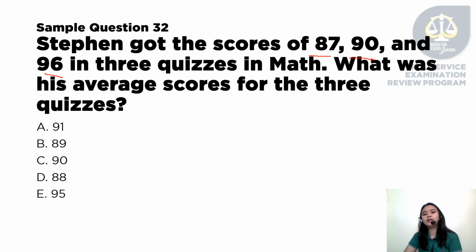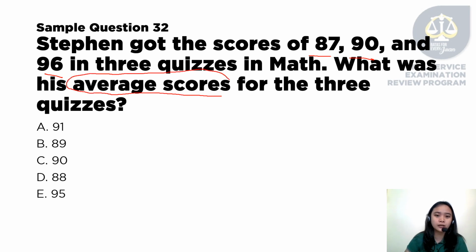So, given tayo ng 3 scores ni Stephen, and then hinahanap natin yung average score niya doon sa 3 quizzes. So, since nag-average tayo, i-add lang natin yung tatlo. That is 87 plus 90 plus 96 divided by 3. Kasi tatlo yung scores na yan. Kaya i-divide natin sa 3.